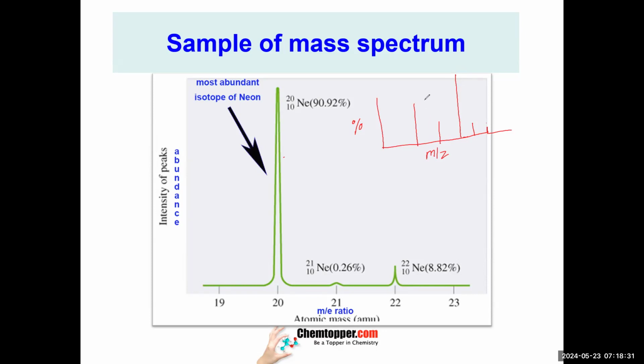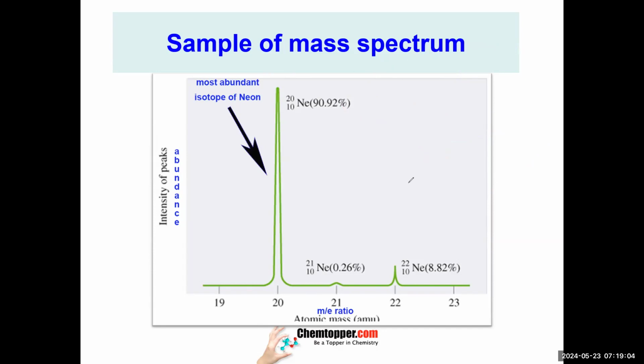Let's say this is isotope A, B, C, D, E. Which isotope is most stable, and which one is the least stable? E is the least stable because its abundance is minimum. Same here, which isotope is the most stable in this graph?